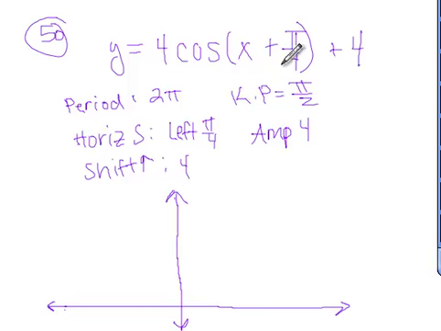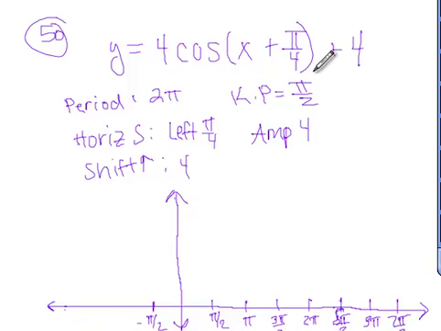It was a shift to the left, pi over 4, so I am going to use this side of my x-axis. So negative pi halves. This is my 0. Here's pi halves. Here's pi.